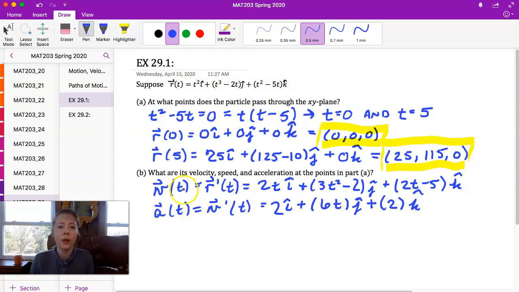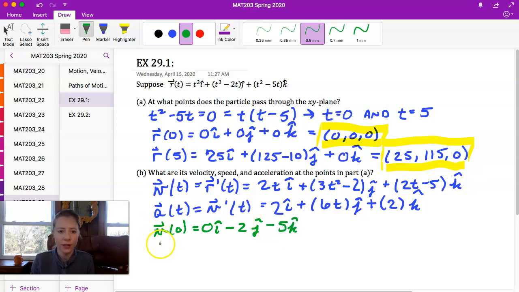Now let's find the velocity at t equals 0. So v of 0 is 0 i hat minus 2 j hat minus 5 k hat. That's the velocity.